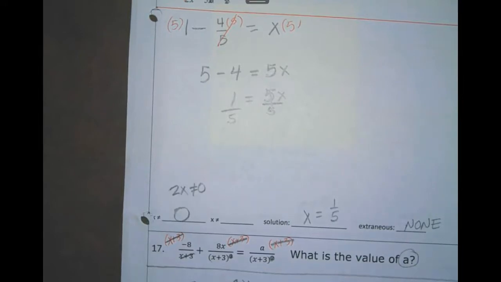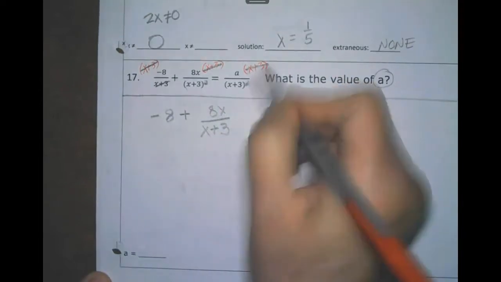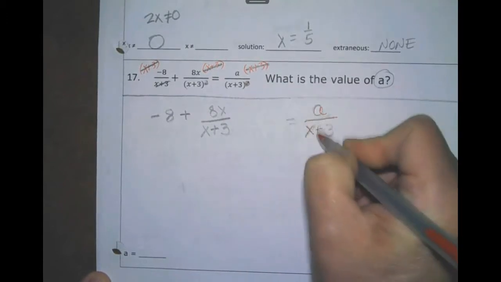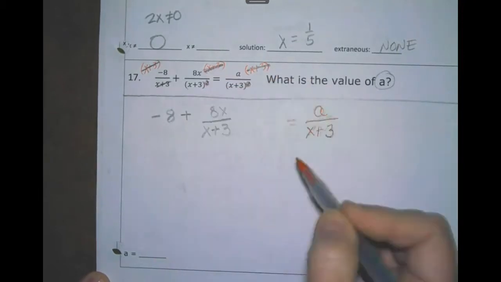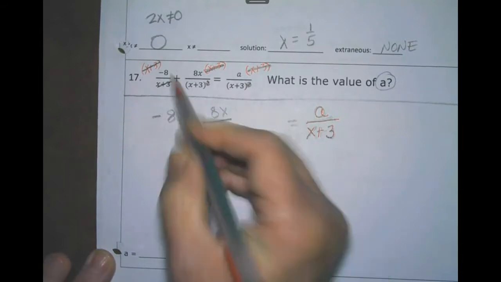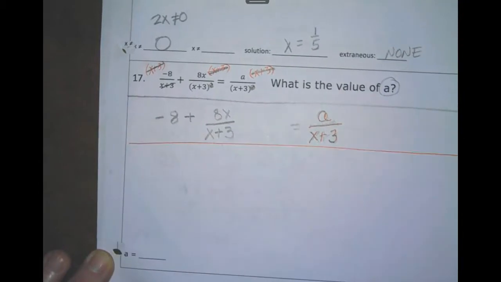This will cancel one of those, x plus 3. Maybe you can see what I'm doing here. And so this cancels one of those, and I have a over x plus 3. This cancels one of those, and I have 8x over x plus 3. And then on the first term, I just have the negative 8.